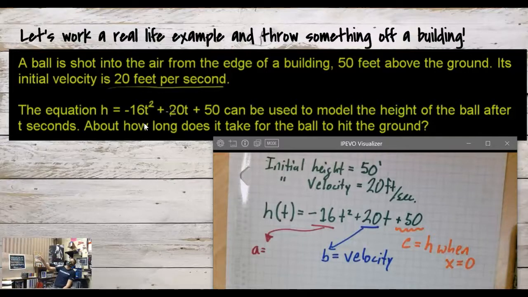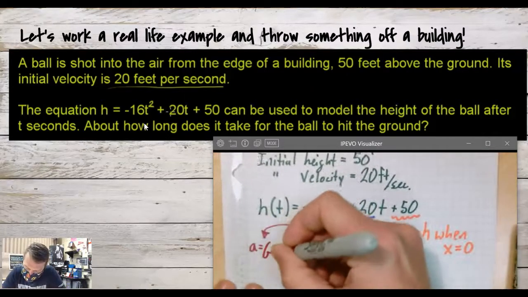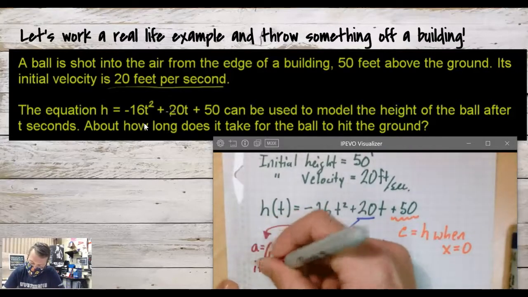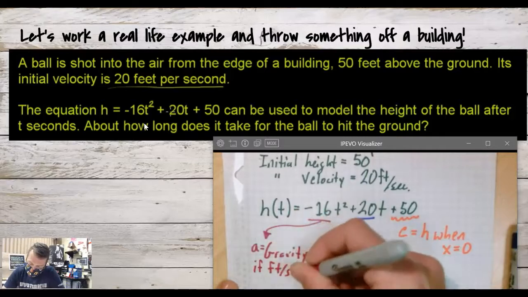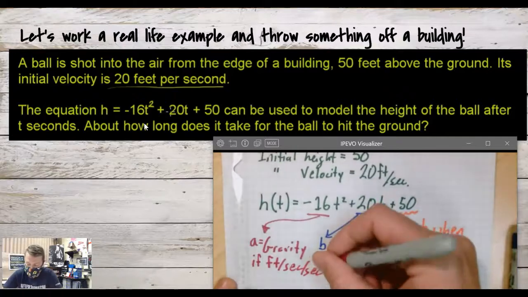What brings that ball back down to Earth? Gravity. That negative 16 is gravity in feet per second. And it's actually per second, or feet per second squared.